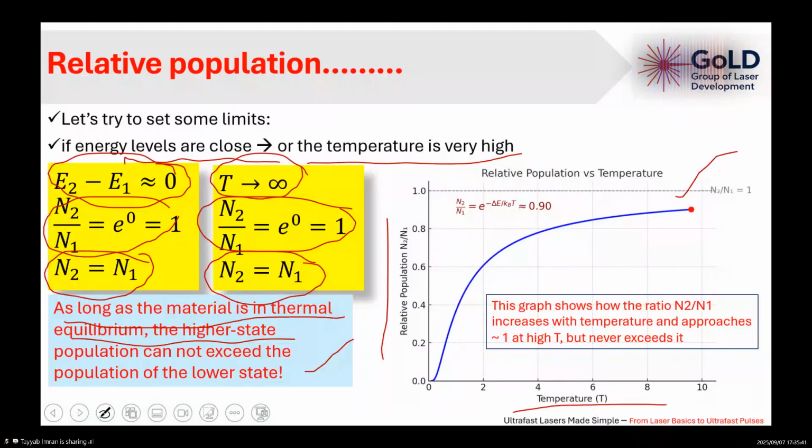Temperature is increasing and the ratio is also increasing. It approaches 1 approximately, but never exceeds it. We want this thing to happen, so for this we need population inversion and stimulation.